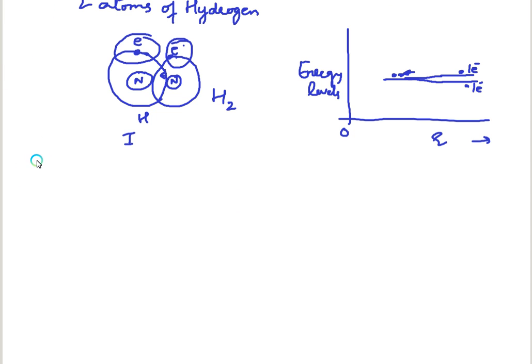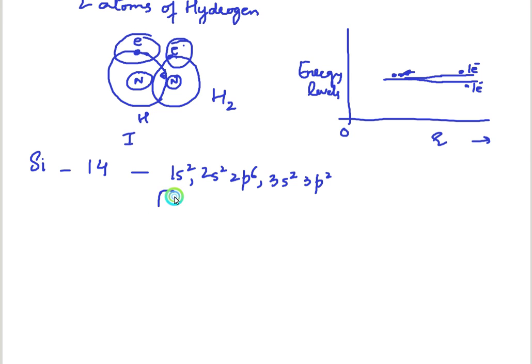Now let us come to silicon. Silicon has an atomic number of 14. Can you write its electronic configuration? 1s2, 2s2, 2p6, and 3s2 and 3p2.